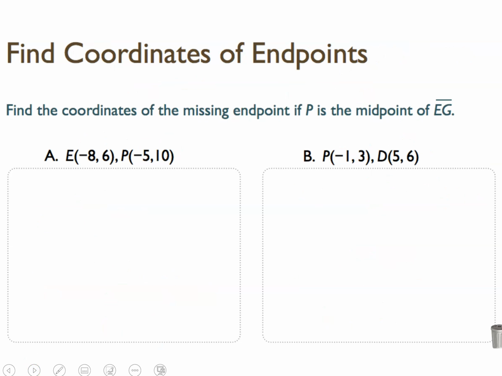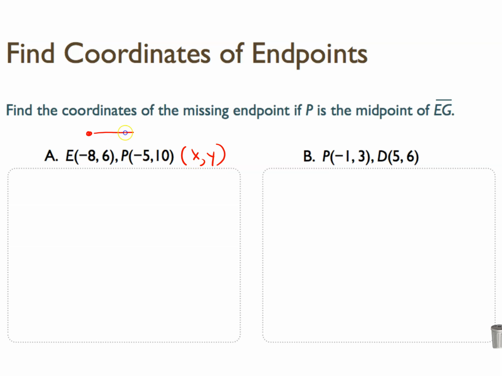Now, finding the coordinates of a missing endpoint. Same formula, the same way to do it. You're just going to have variables in different places, because now the missing endpoint is the point over here, XY.